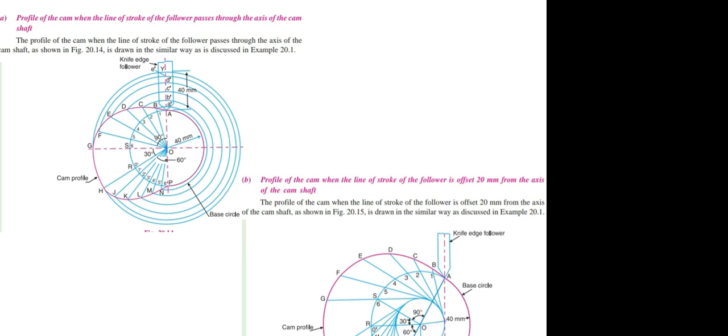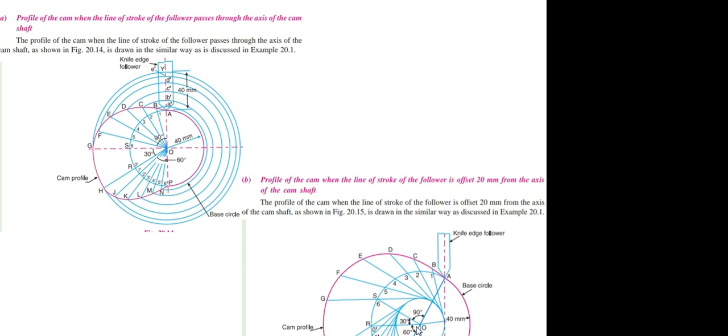Here this is the base circle denoted here, and this is the offset circle denoted here. As the axis of the follower is offset by 20 mm to the cam axis, draw the axis tangent to this offset circle vertically. That axis will intersect the base circle at point A.